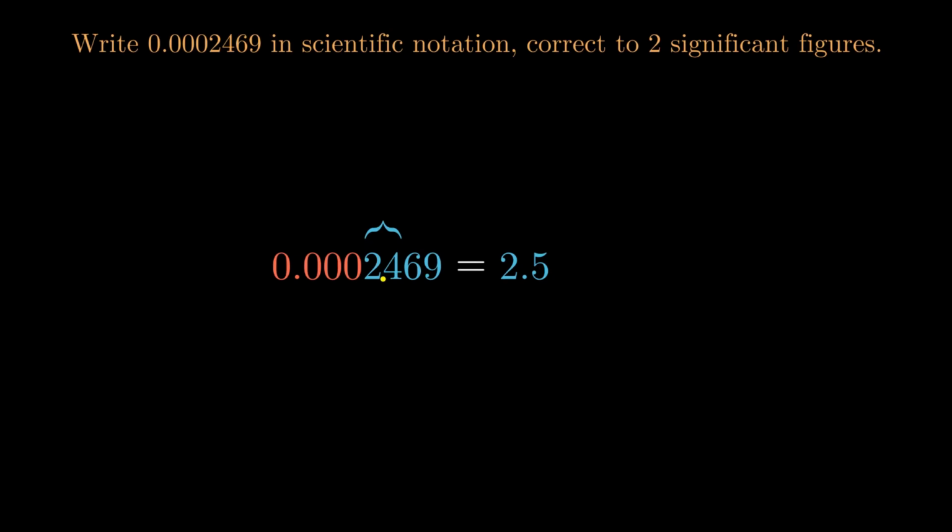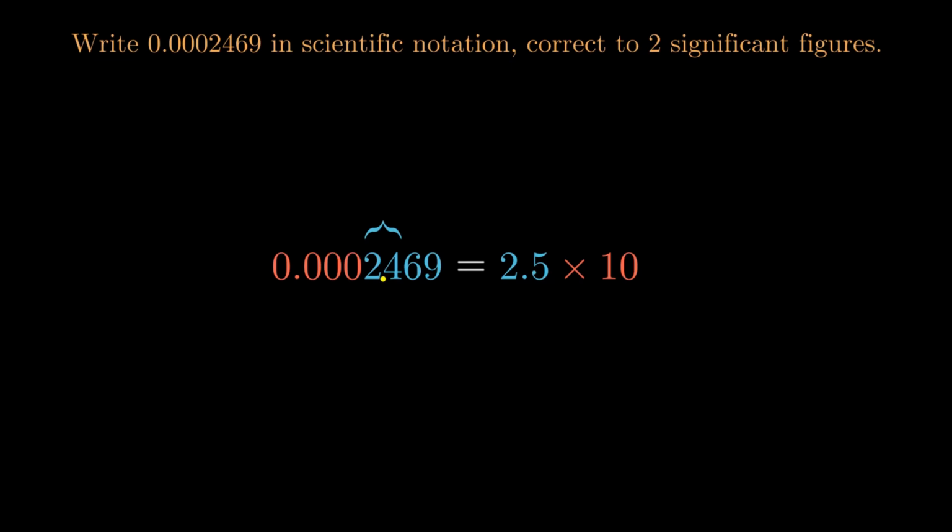And we need to now fix the number by multiplying by an appropriate power of 10. But notice this time on the left, we need to move that yellow decimal point to the left rather than to the right. And to do this, we need to multiply backwards. Okay, and so that means we need to multiply by a negative power of 10. Alright, so here we go.